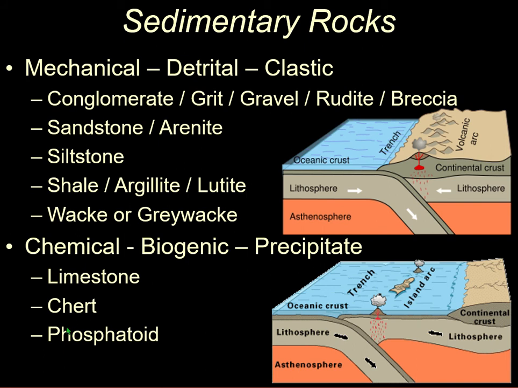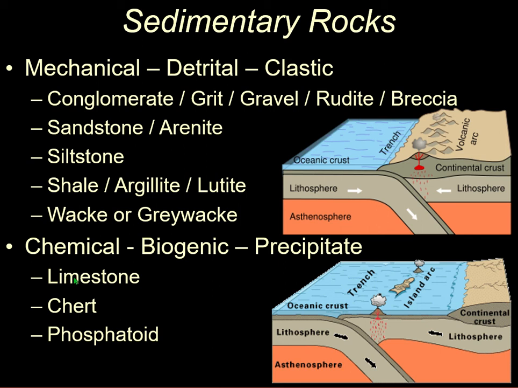All very important groups. And this is two different parts of the world because it's basically showing that you get a lot more mechanical where you have land for the detritus to be detriting from and depositing in the nearby ocean.